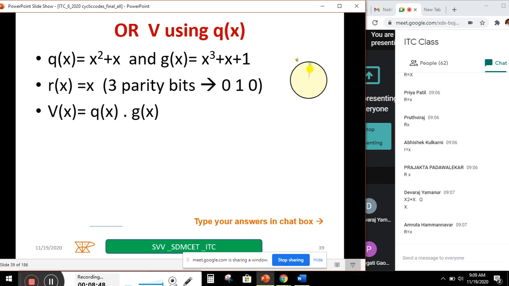V of x equal to q of x into g of x, and you will get a polynomial. Convert that polynomial into zeros and ones. Type that answer in the chat box. Q of x is x square plus x, g of x equal to x cube plus x plus 1.